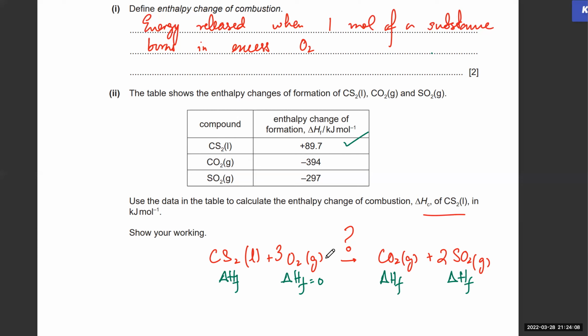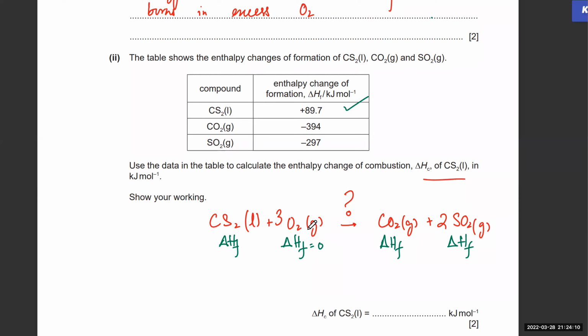So that is all known, and all of this is given in the table. The enthalpy of this reaction is going to be products minus reactants, the enthalpy of formation of the products minus the enthalpies of formation of the reactants. So you do the math.